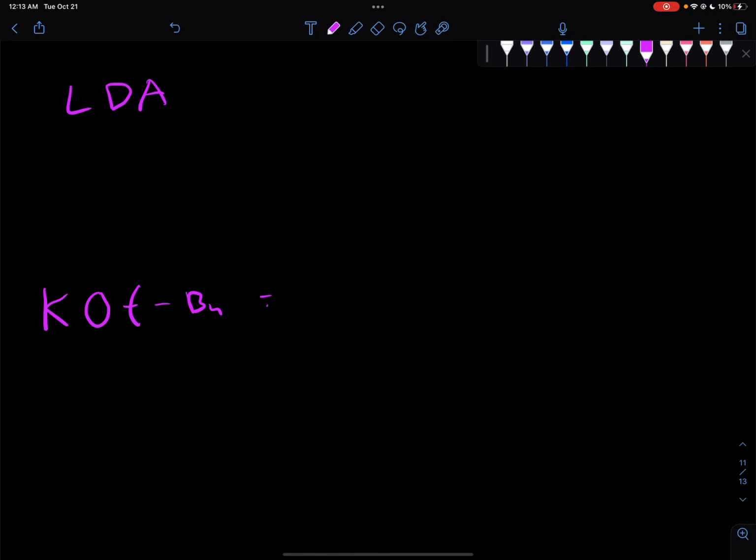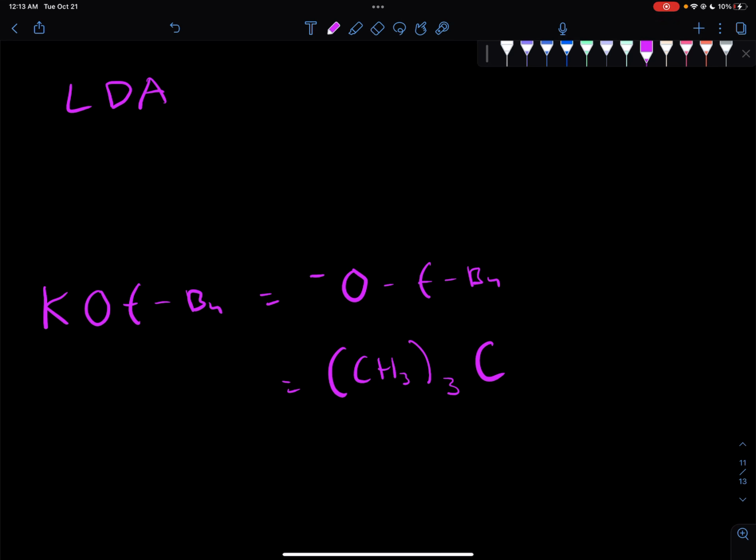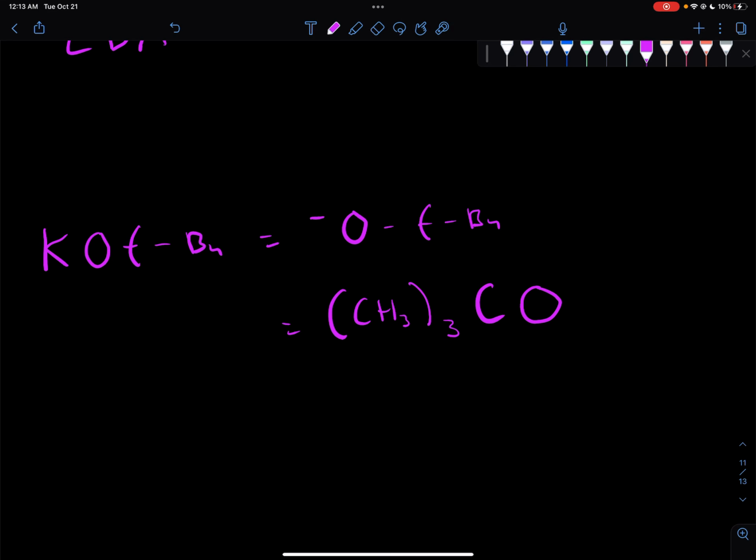So KOtBu is negative O t-Bu, which is also (CH3)3CO minus or with a K, and the actual thing looks like this. This is your t-butyl part.